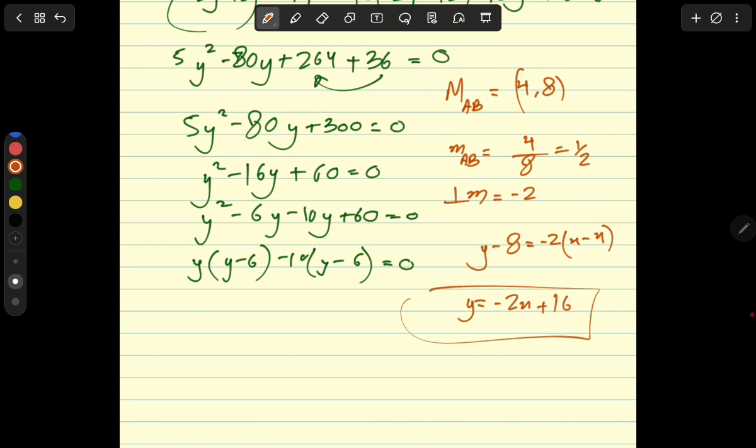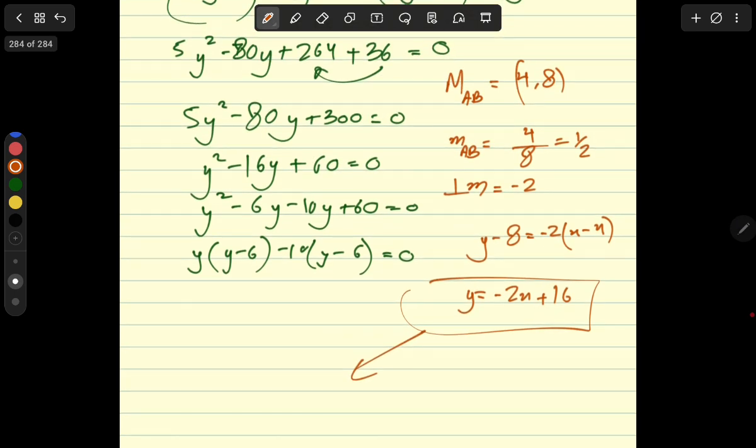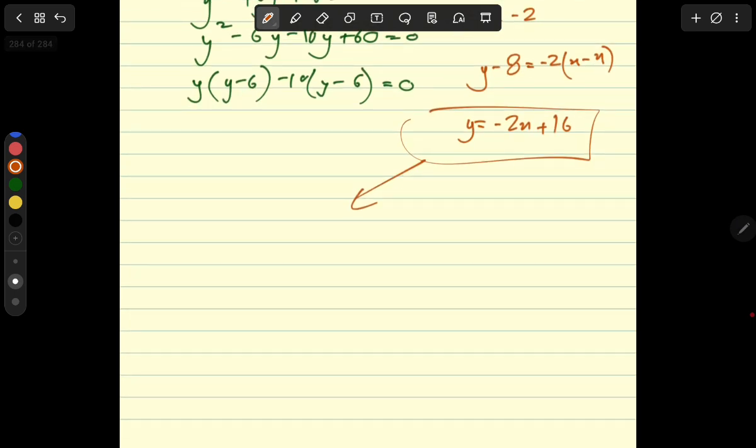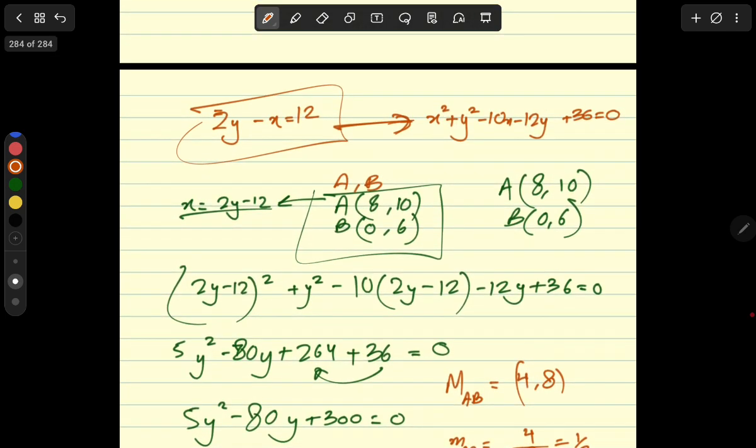Now part C may ask you that the perpendicular bisector of AB intersects the circle at points P and Q. So we now solve this with the circle, because this is a separate line, right? So now we put minus 2x plus 16 into this circle equation.